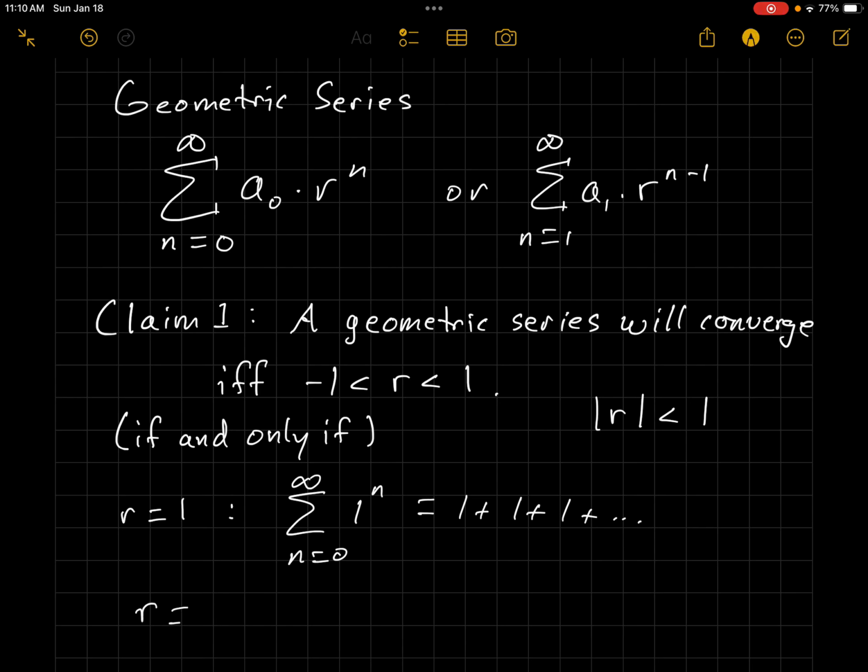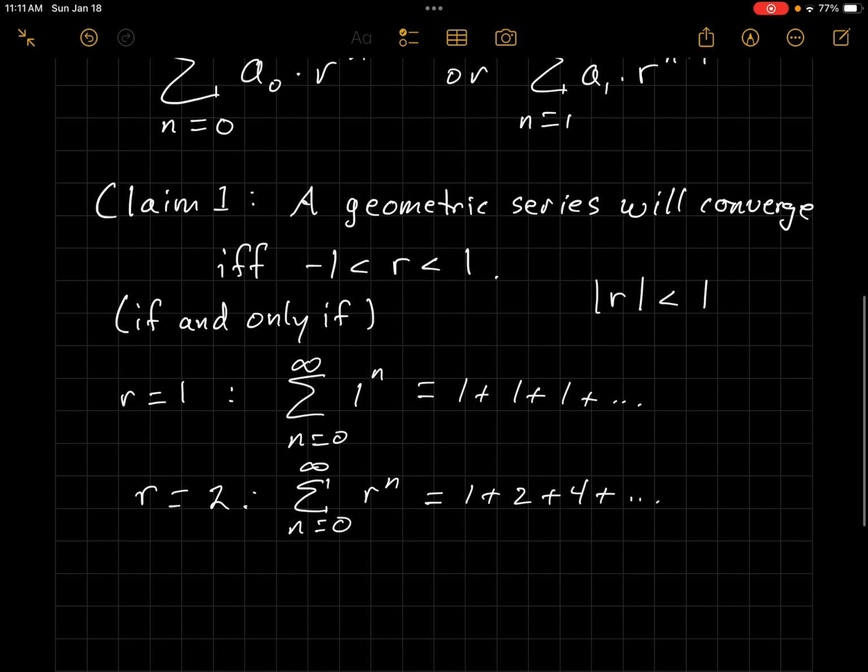If we did r equals 2, like the sequence we showed above, if I start at 0, then the sum will be 1 plus 2 plus 4 plus etc. And certainly that does not converge either. Now I haven't shown the fact that the series will converge between negative 1 and 1. I will try to convince you of that in just a bit.